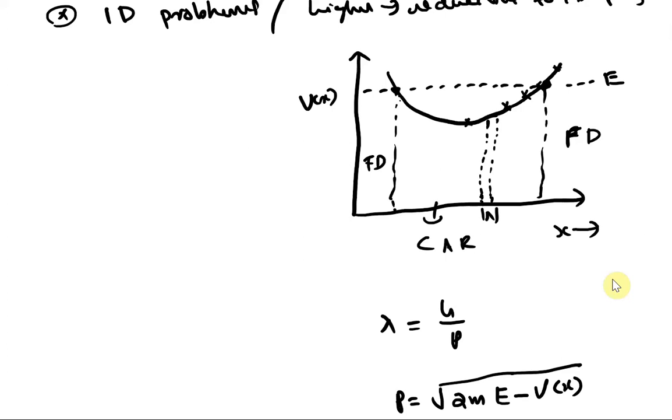Now suppose the lambda value is something like this. My lambda is so big compared to this potential. In this case, the potential is varying in a significant manner within the de Broglie wavelength, and this approximation is not valid in that case. So we want the case where the potential is kind of constant over the de Broglie wavelength. This is something that we are interested in.